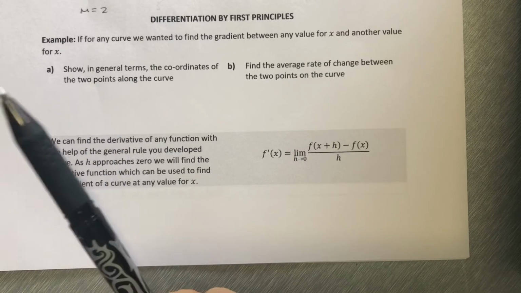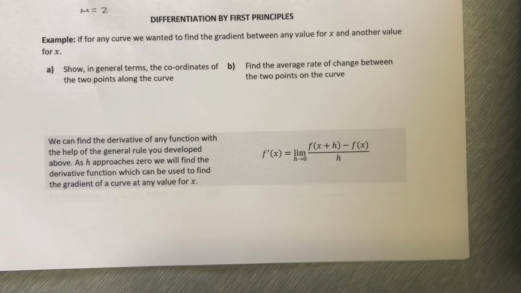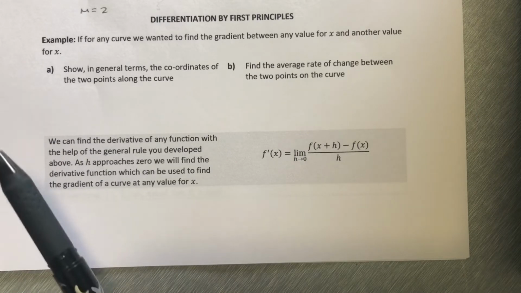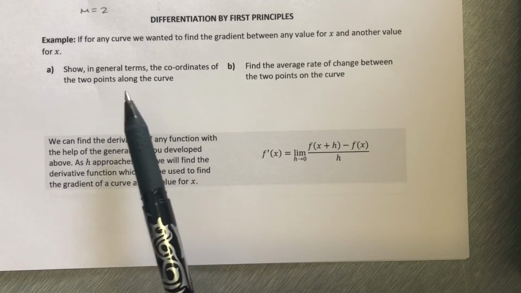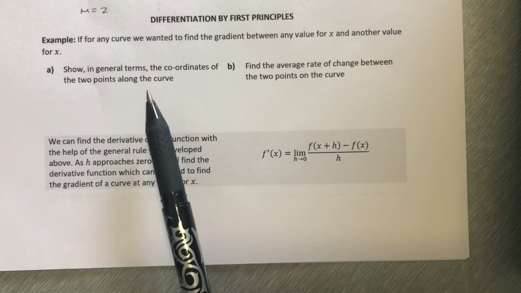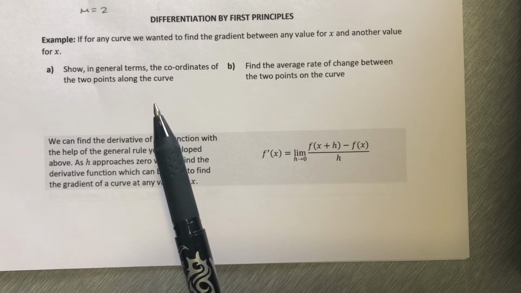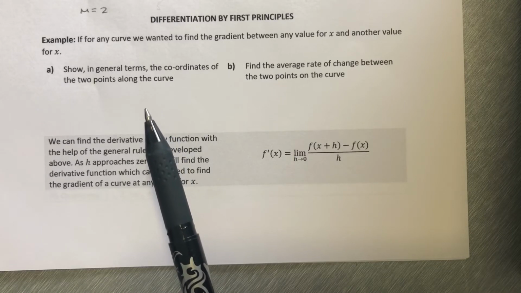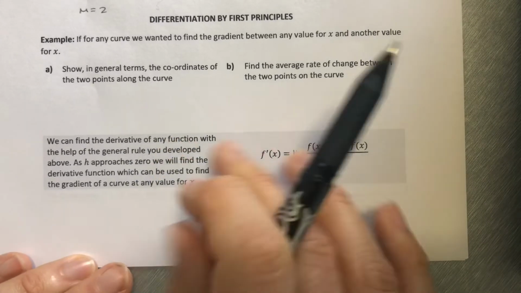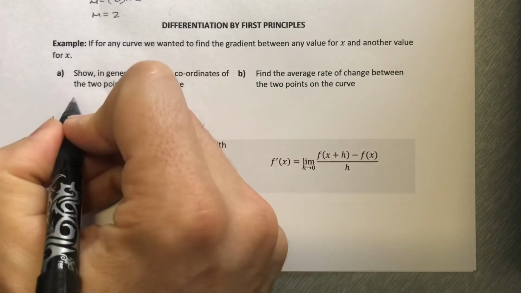Alright, so if for any curve we want to find the gradient between any value for x and another value for x, show in general terms the coordinates of the 2 points along the curve. Now we need to be real general here, because we're not saying that x is specifically 1 or it's specifically 5 or whatever. X is just going to be x, because we can have any value.